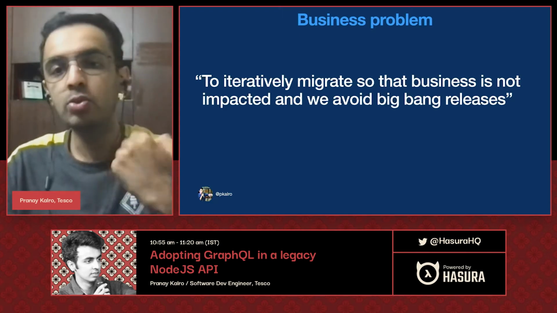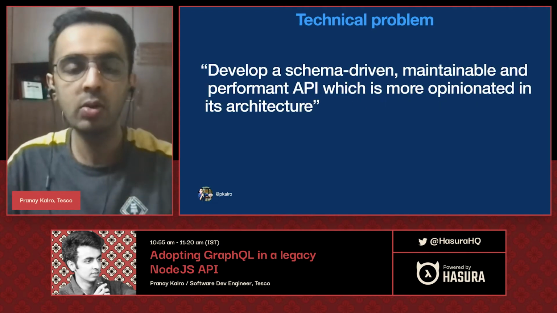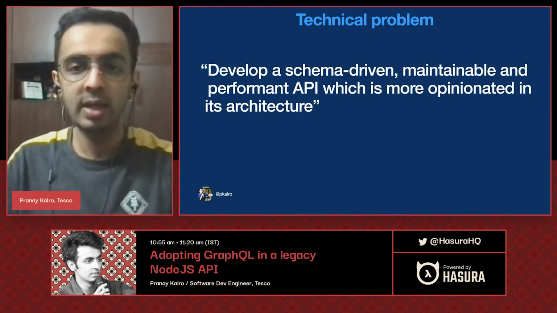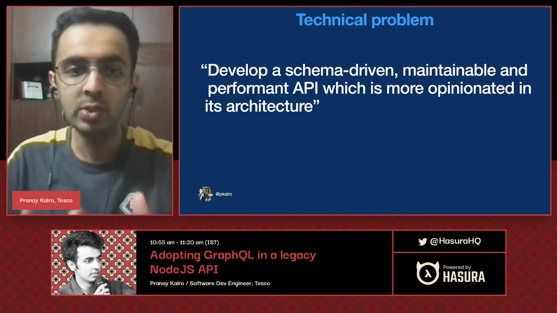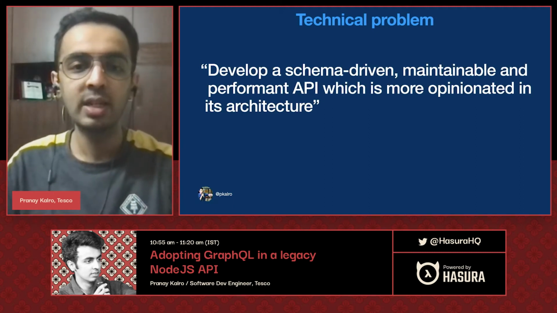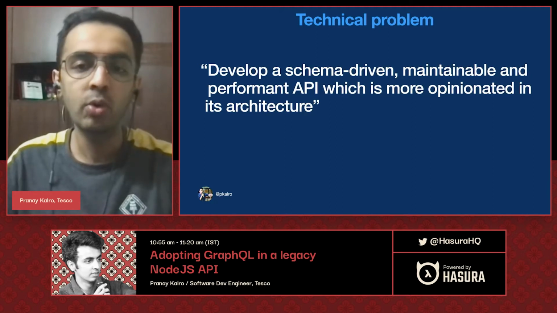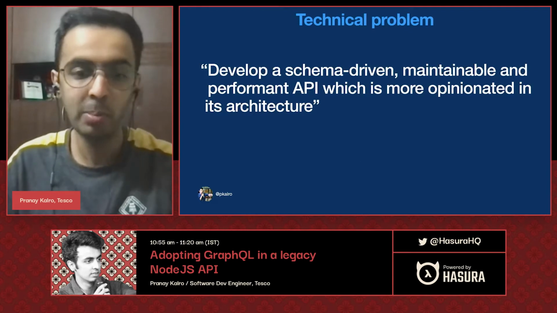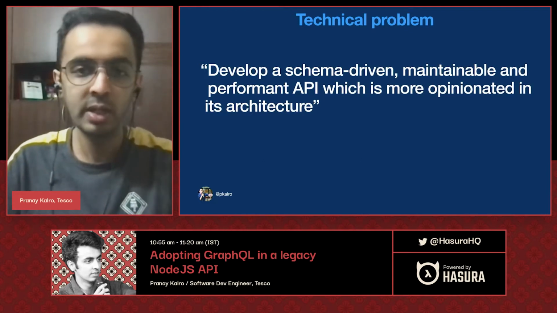To solve the business problem, we also defined the technical problem, which is very similar to the generic problem statement, so you'll see some basic jargon reused here. From a technical standpoint, we wanted to build a schema driven, maintainable, and performant API.